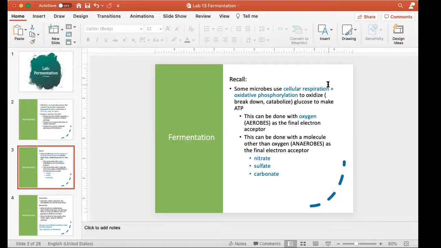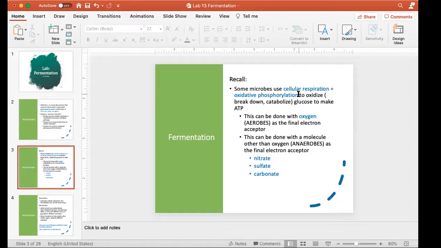Cellular respiration breaks glucose down to carbon dioxide and a whole bunch of electrons. The electrons then go down the electron transport chain, get accepted by the final electron acceptor, and all of their energy is used to build ATP. That last part, the building of the ATP, is done through oxidative phosphorylation.